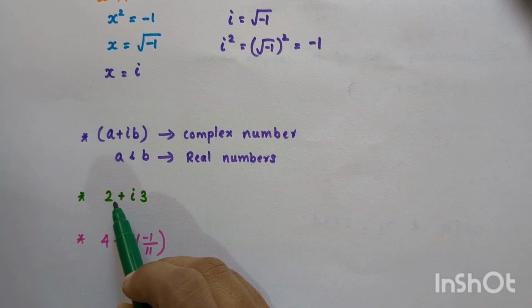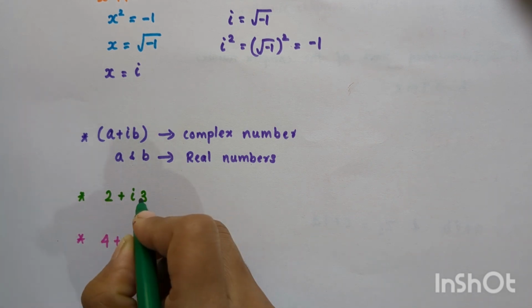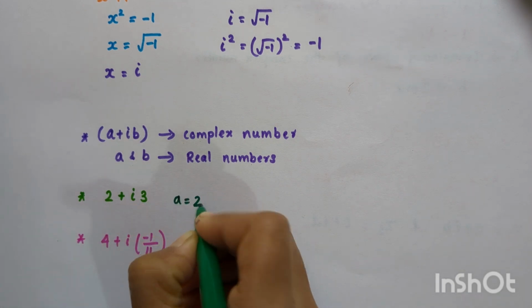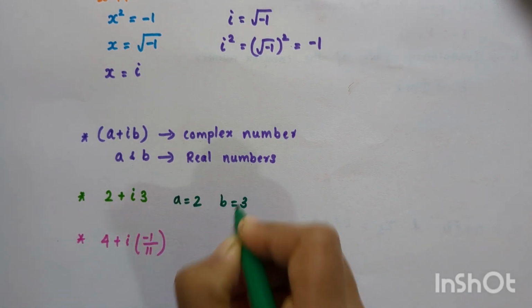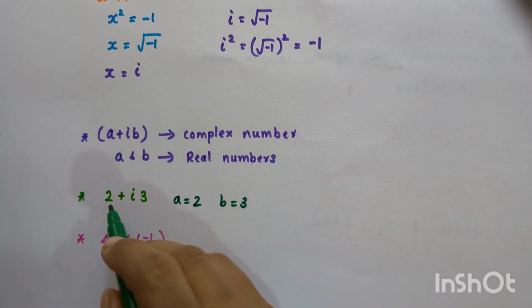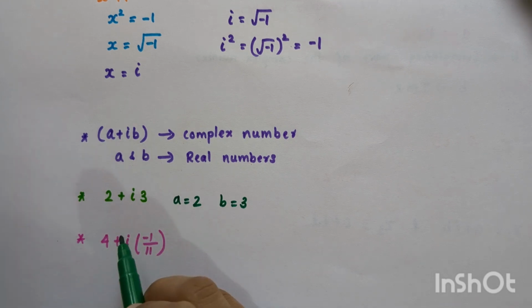So if you consider this number 2 plus i3, it is a complex number. Here a is equal to 2 and b is equal to 3. They are real numbers. And this is of the form a plus ib. So this number 2 plus i3 is a complex number.